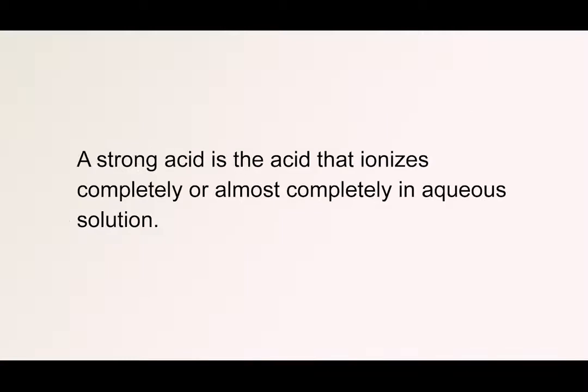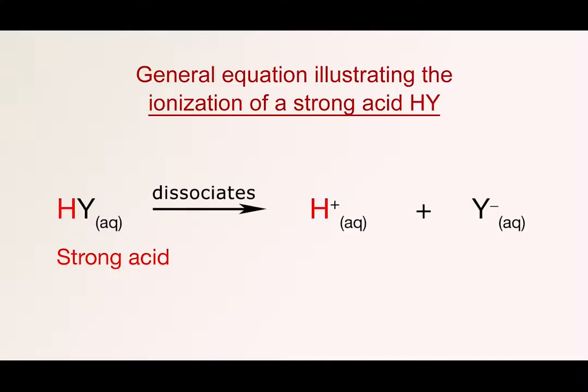A strong acid is the acid that ionizes completely or almost completely in aqueous solution. The general equation illustrating the ionization of a strong acid HY is illustrated on your screen.